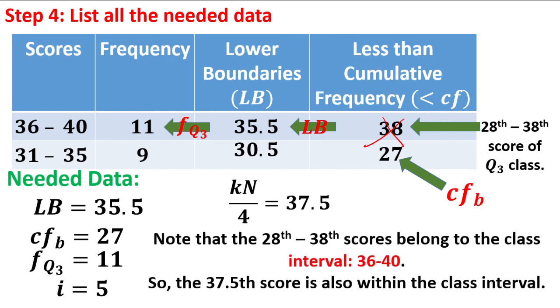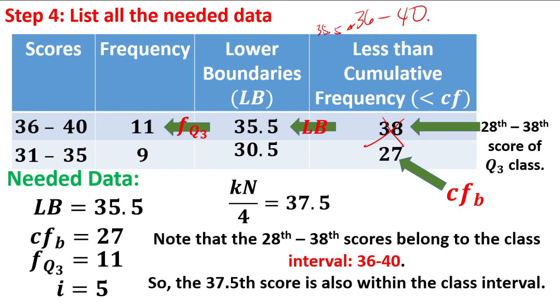So, ano sabihin nito? Sabi niya, note that the 28 to 38 scores belongs to the class interval 36 to 40. So, the 37.5 score is also within the class interval. So, 36 to 40. Ang lower limit nito is 35.5.